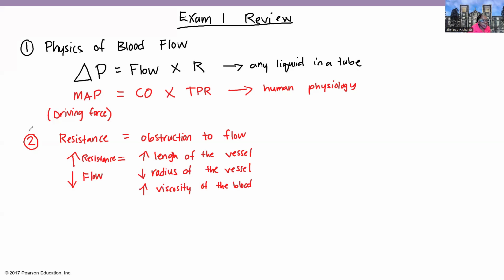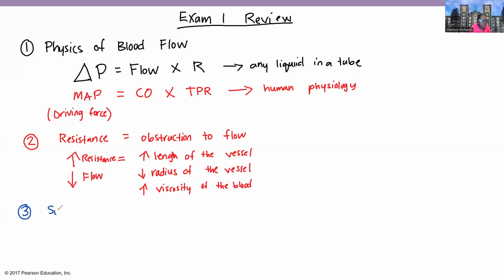All right, the third important factor here was thinking about the difference between our driving force and resistance in the systemic versus the pulmonary circulation, and how those are different but end up being equal in terms of flow.